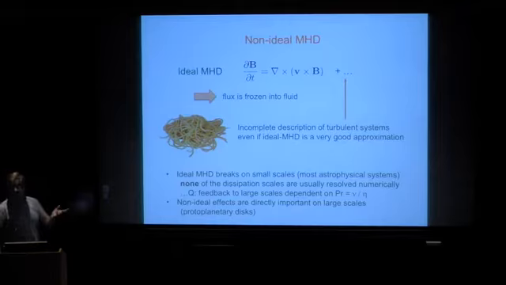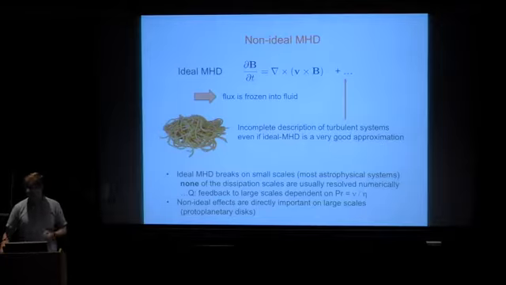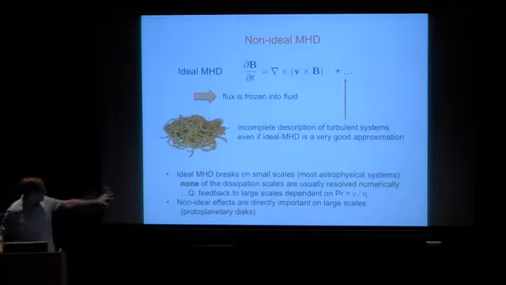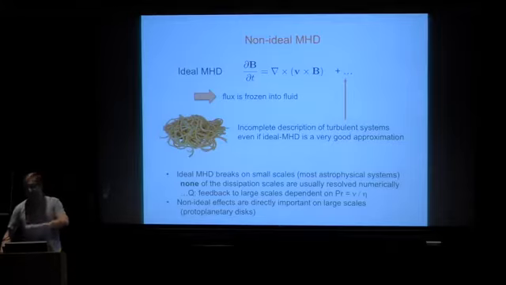But in astrophysics, very frequently, that's the case. If you think about something like the sun, dissipation scales are much smaller than any kind of numerical scale you can resolve. So you have to deal with that, and there are some interesting questions there, related to whether the small scales in some way feed back on the large scales.